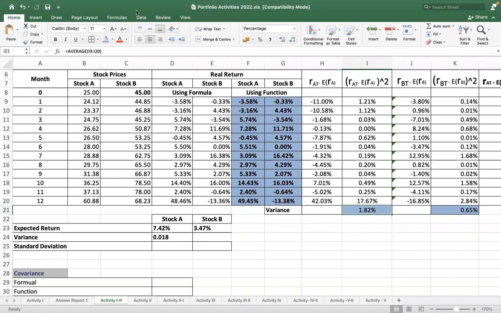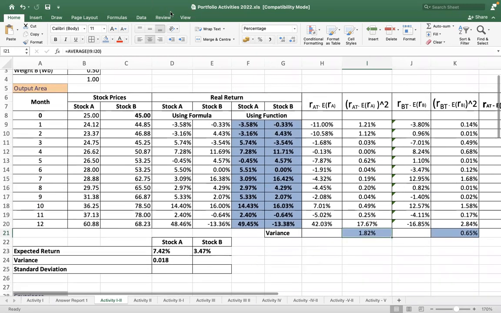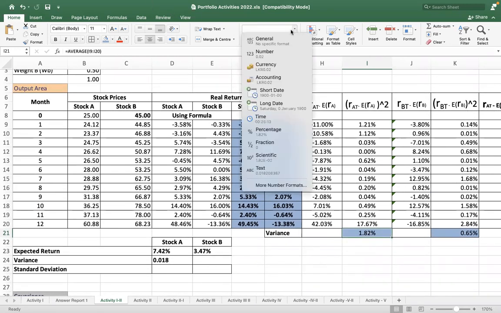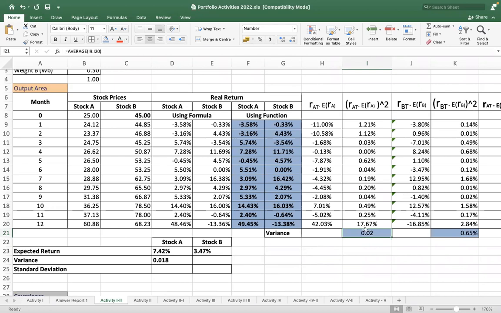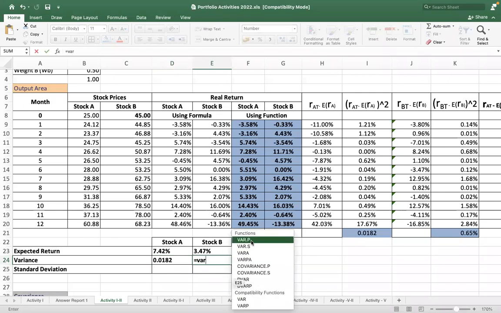Variance, right, stock B, we can calculate variance of population.